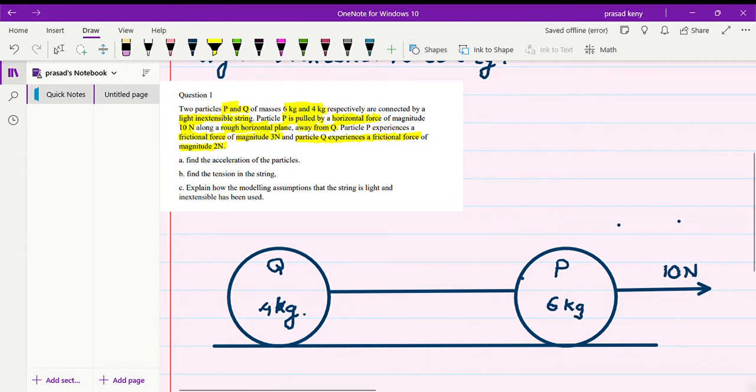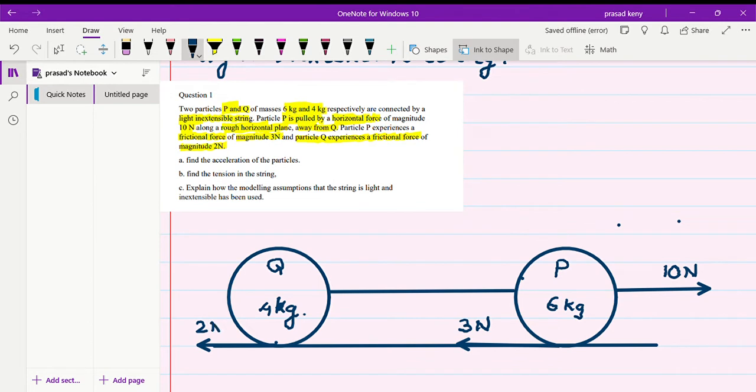So there is frictional force, and obviously the frictional force will always oppose the motion, so it is in the opposite direction. P is experiencing a friction of magnitude 3 Newton and Q is experiencing a friction of magnitude 2 Newton.